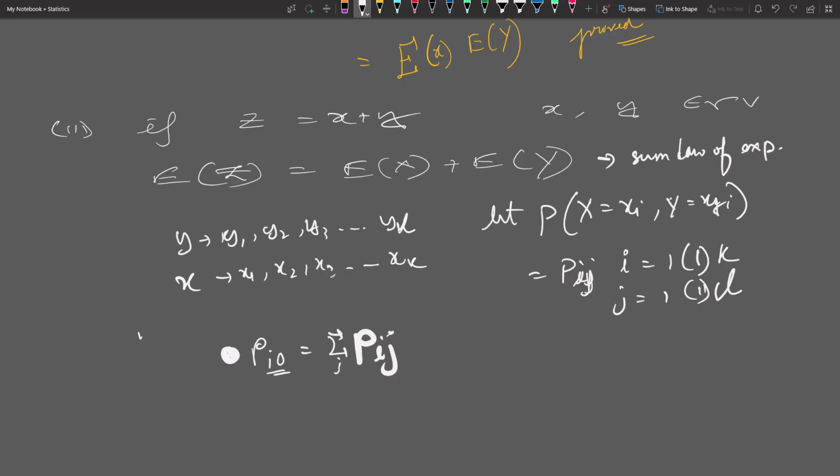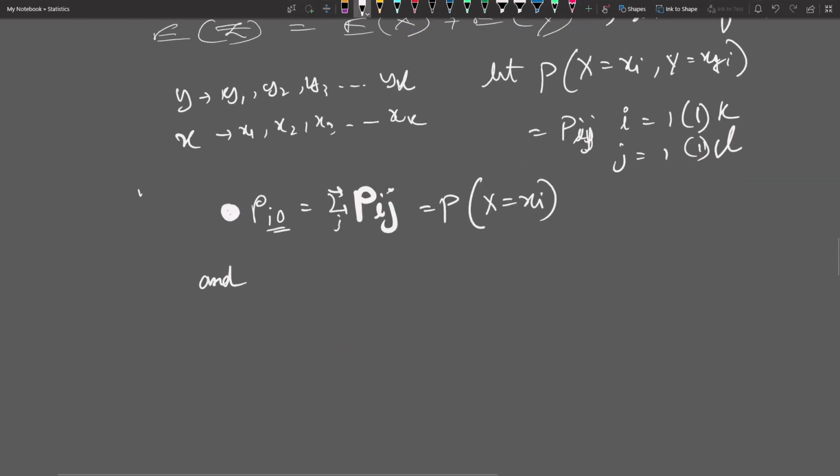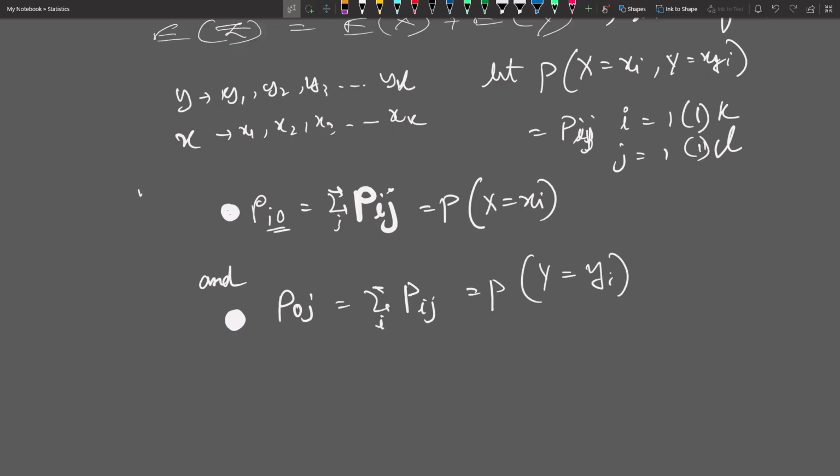So next, this will be the summation over i of pij, and another part is the summation over j of pij, where y is equal to yj.